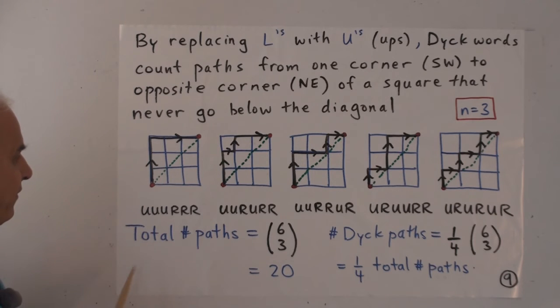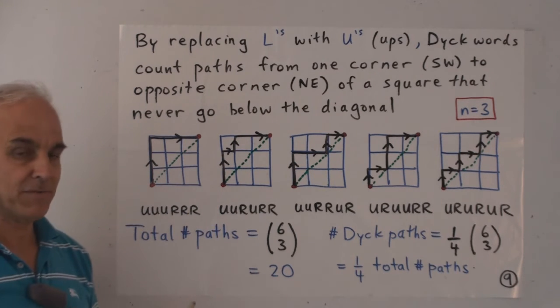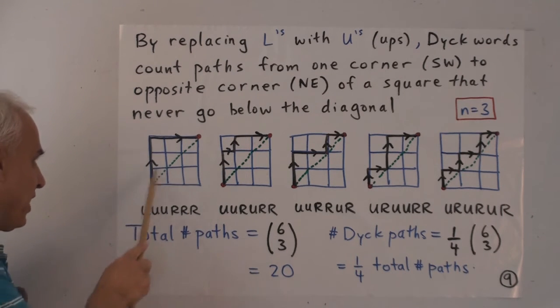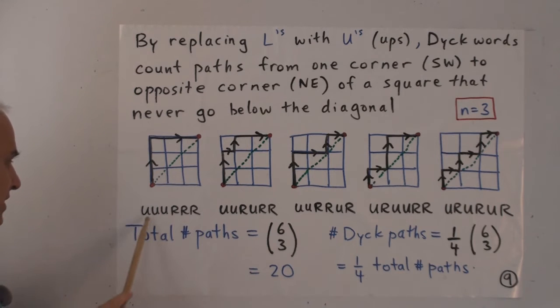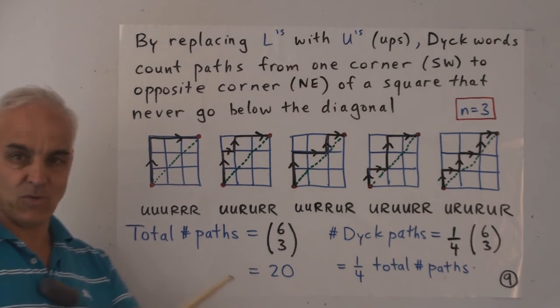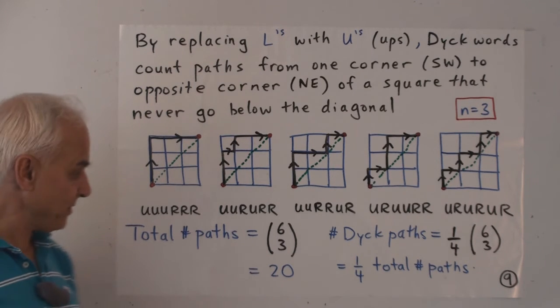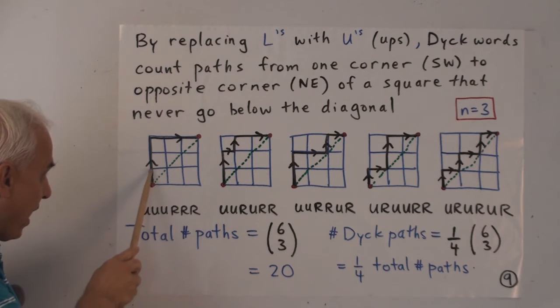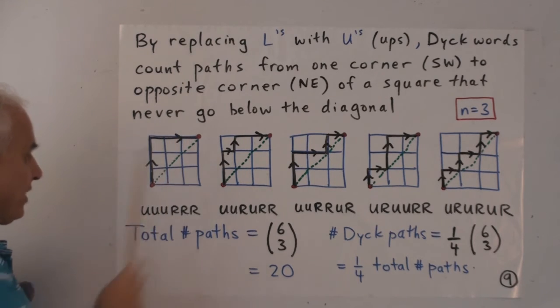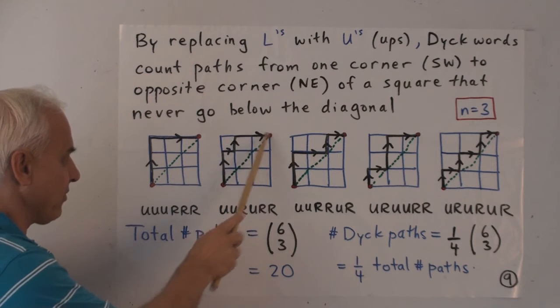So for example, if we have the n equals 3 case, then we're working in a 3 by 3 square. We're walking from here to here. And say this one here, U, U, U, R, R, R, which corresponds to one of the Dyck paths on the previous page, but with the L's replaced with U's, now corresponds to the path up, up, up, right, right, right. This one here is up, up, right, right.